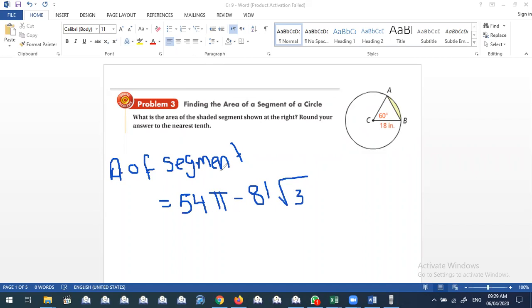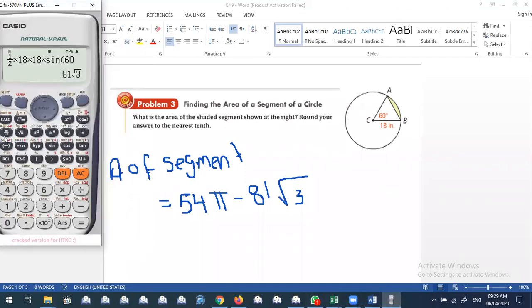You can substitute pi by 22 over 7 or 3.14. Let's try 22 over 7 to find the final answer.